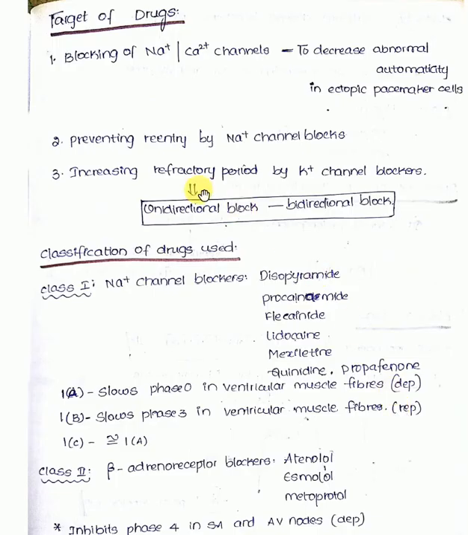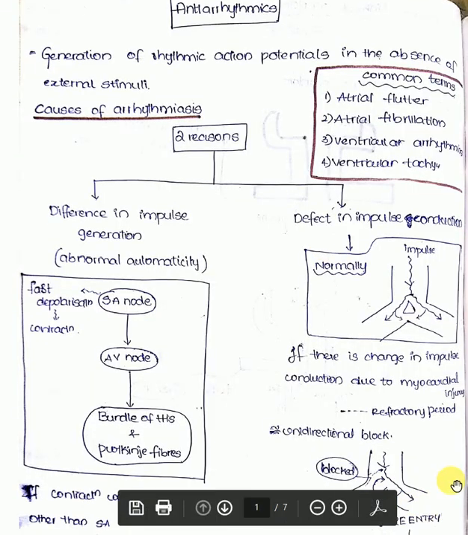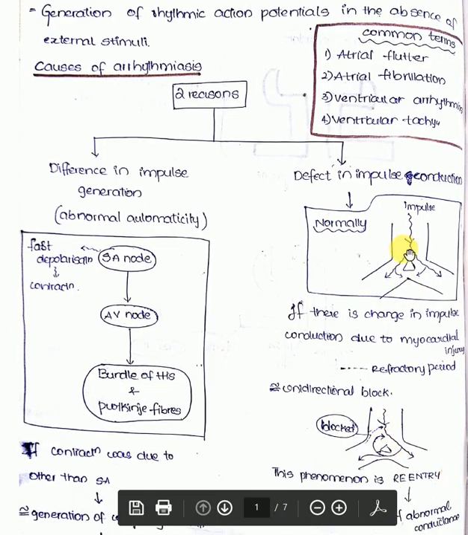So we have to increase the refractory period. This can be done by blocking potassium channels. Increasing the refractory period leads a unidirectional block to a bidirectional block, that is, these two directions can be blocked.